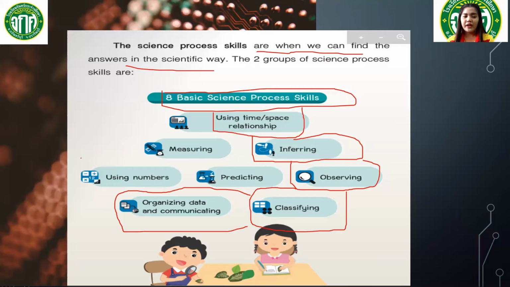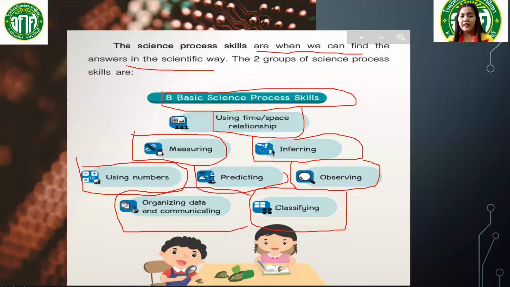Another one is using numbers. Next we have measuring. And the last one is predicting. So these are the 8 basic science process skills.